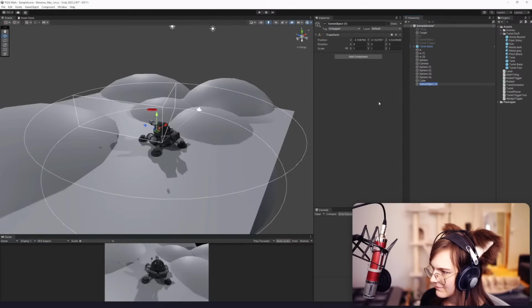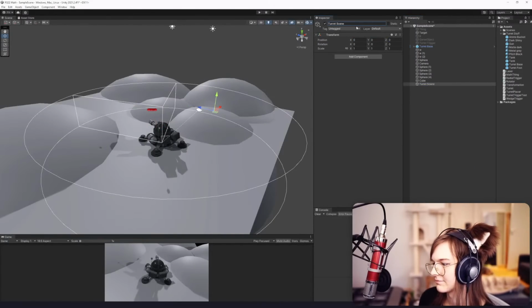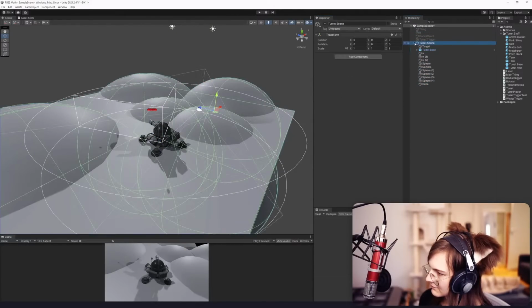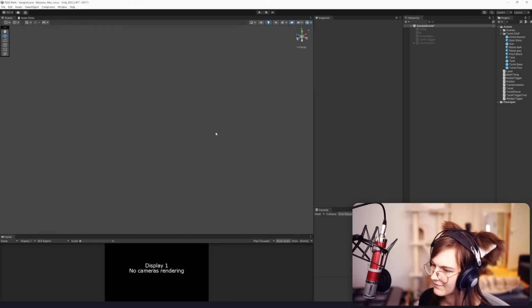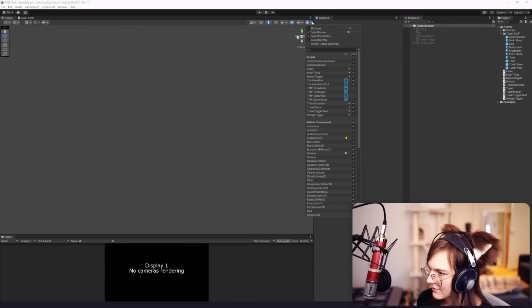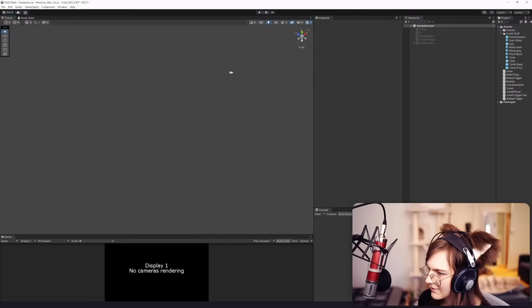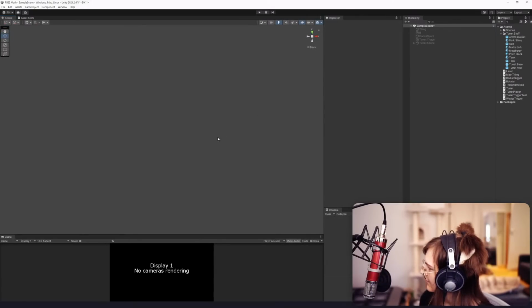I'll just dump it in a parent object. So I want to do 2D view.